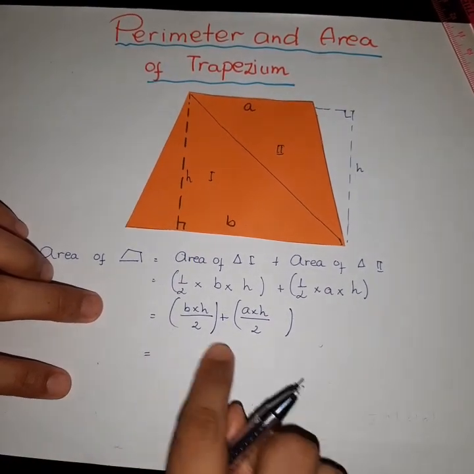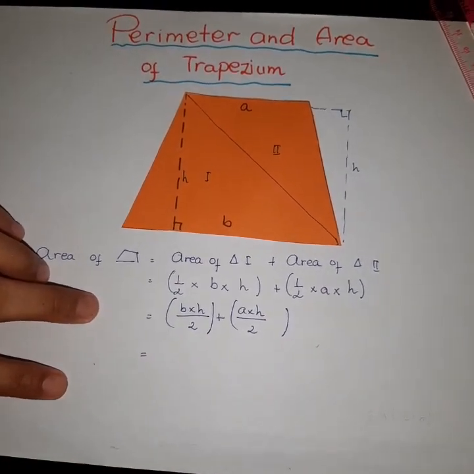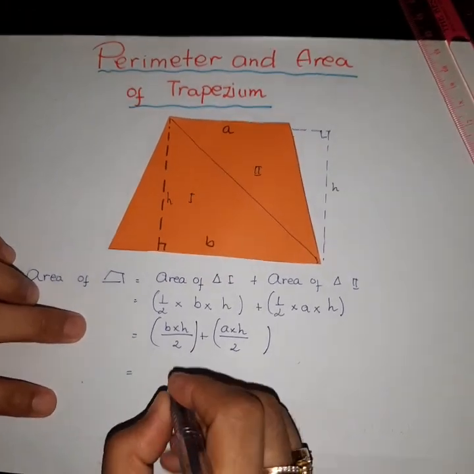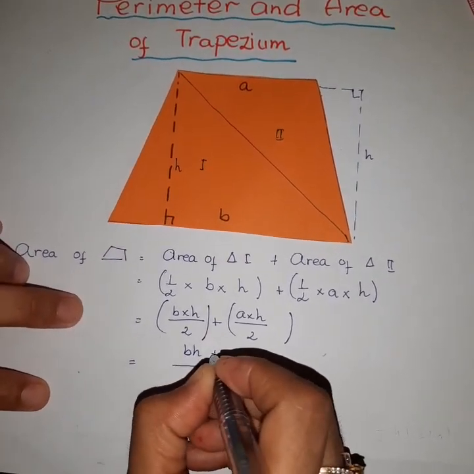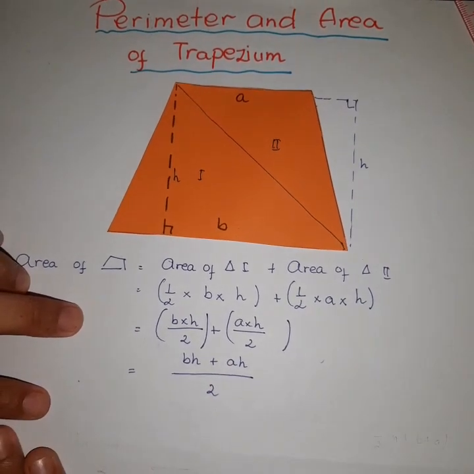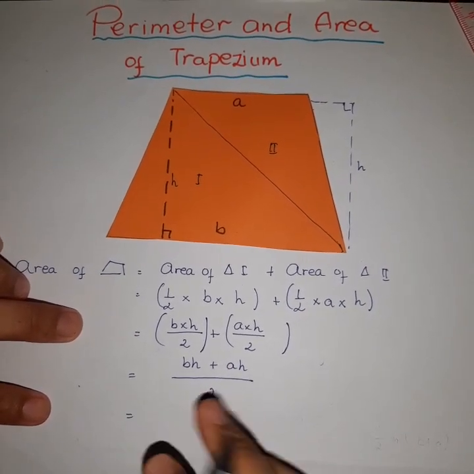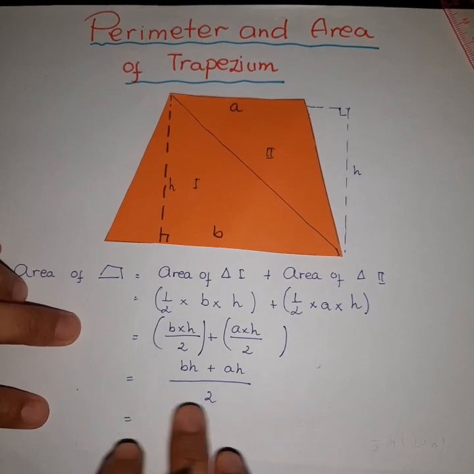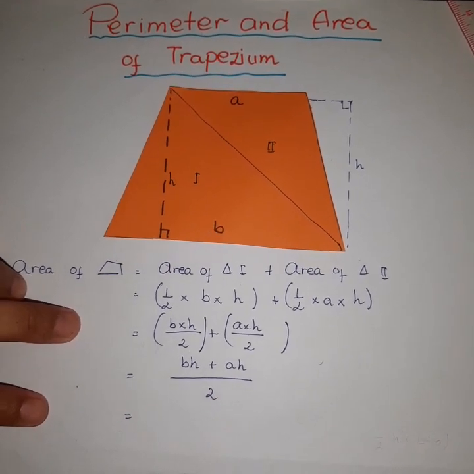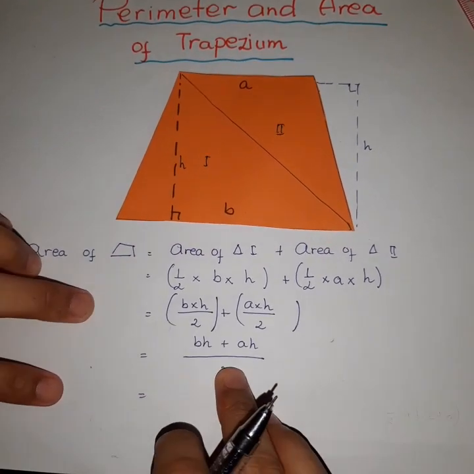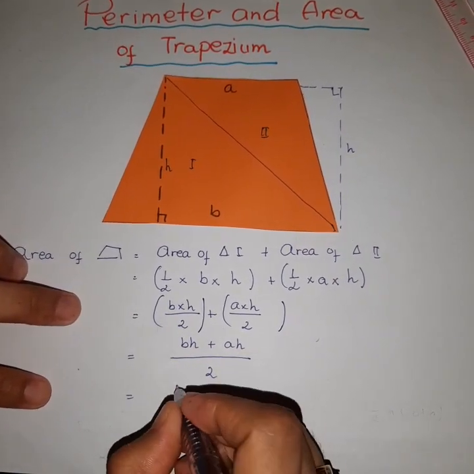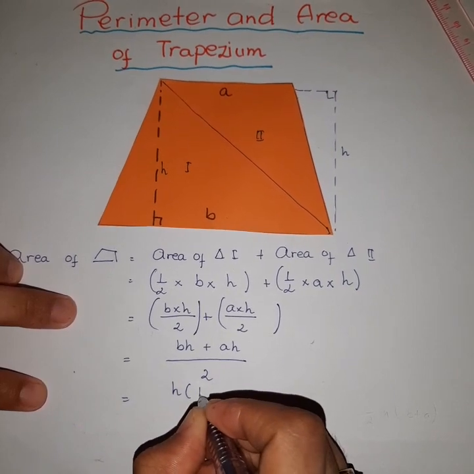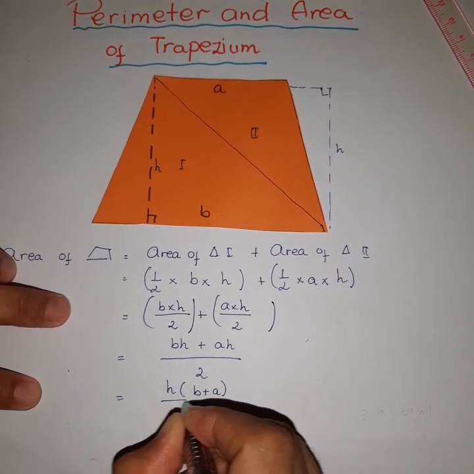Since both denominators are 2, we can write it as BH plus AH over 2. And then remember the algebraic form that you learned in the first semester. This can also be written as H times (B plus A) over 2.